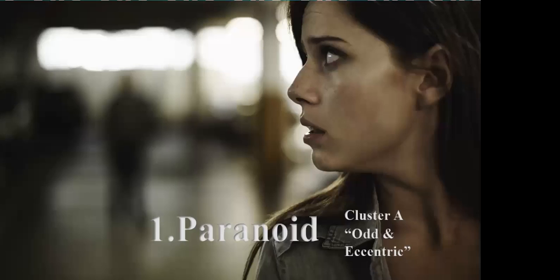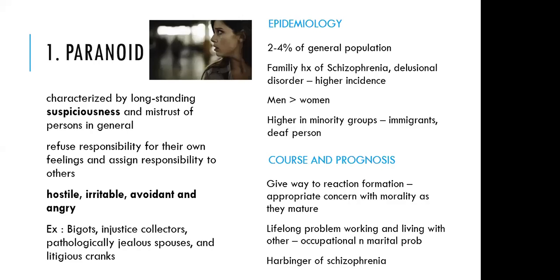First, we go to the first personality disorder in cluster A. Next. Persons with paranoid personality disorder are characterized by long-standing suspiciousness and mistrust of people in general. In response to the paranoid belief, they often appear hostile, irritable, avoidant, and angry.